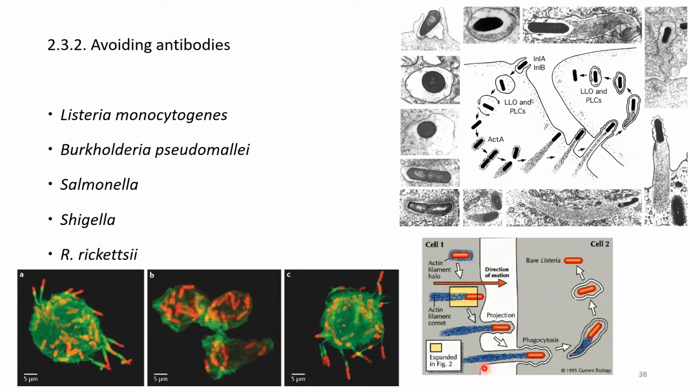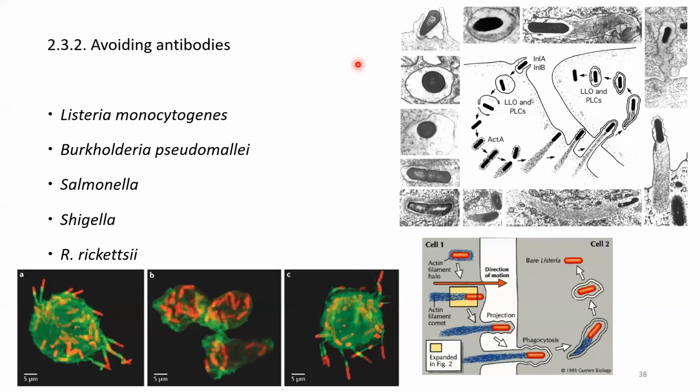They try to escape and infect the neighboring cells. There are a number of studies in Listeria monocytogenes, Burkholderia pseudomallei, Salmonella, Shigella, and Rickettsia. They have very similar strategies to avoid antibodies, because if bacteria stay inside cells, antibodies cannot recognize them.